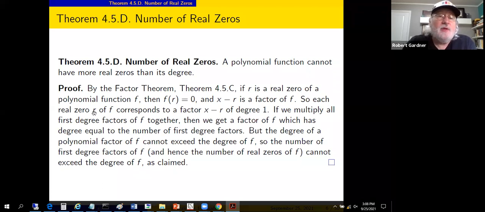That is, the number of real zeros cannot exceed the degree of the polynomial function. It's stated in terms of not degrees here, but number not exceeding. So same idea. So this says, yeah, I got a 5th degree polynomial. It's got at most 5 real zeros, 5 real roots. Doesn't tell me anything about where they are, how to find them, but it puts a cap on how many there are.